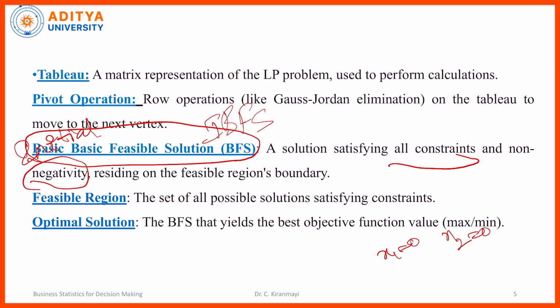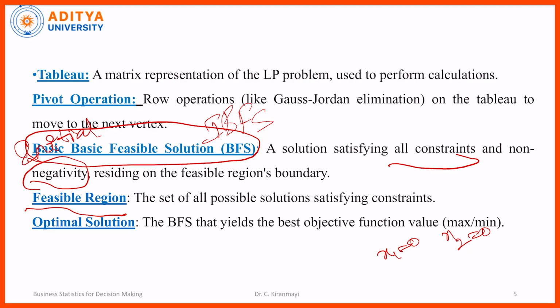We also use another term, feasible region. Feasible region is that region which satisfies all the constraints, so the set of all possible solutions. In the previous lecture we came to understand that a linear programming problem may have a unique solution or multiple alternative solutions.